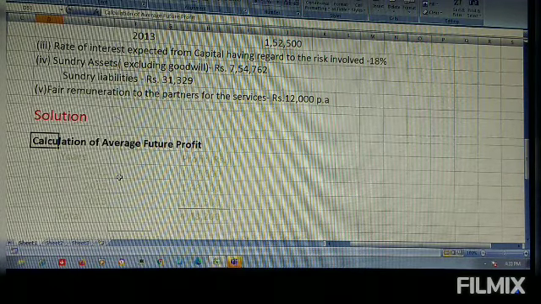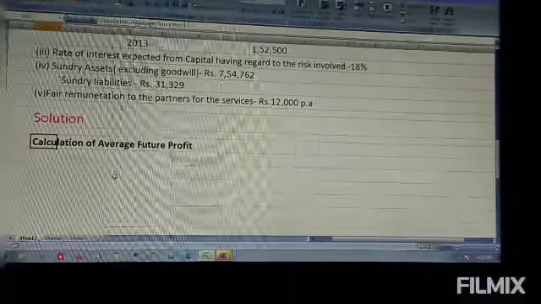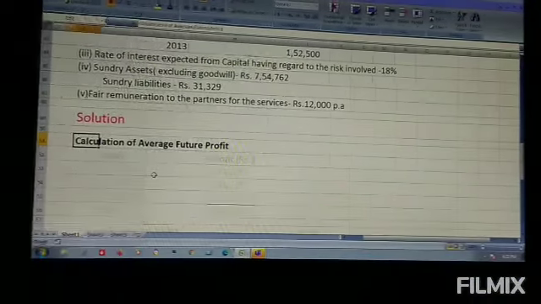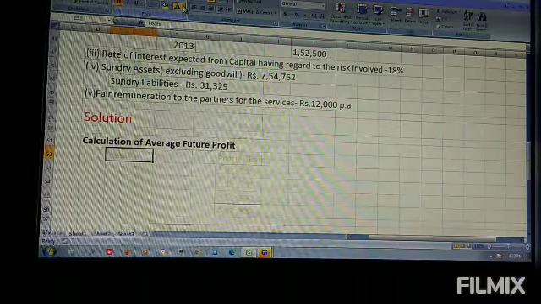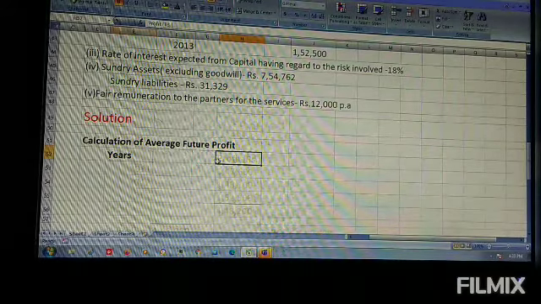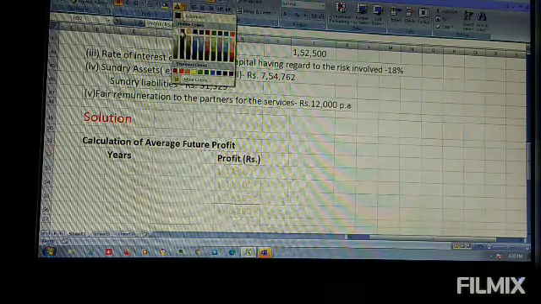Then you make two columns here. The first column is years, and the second column is profits.